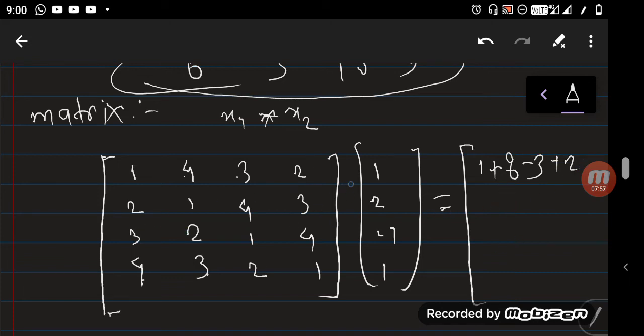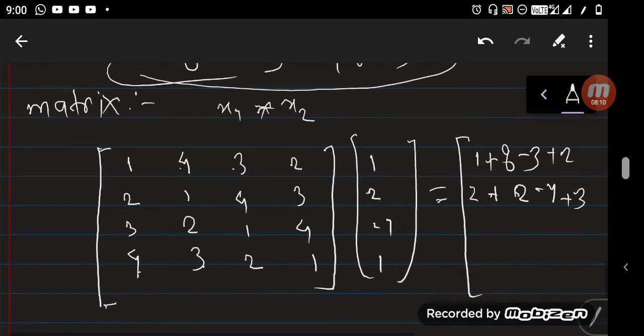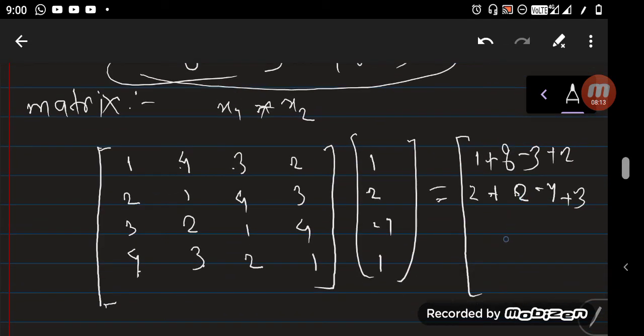Similarly you have to do the other rows.